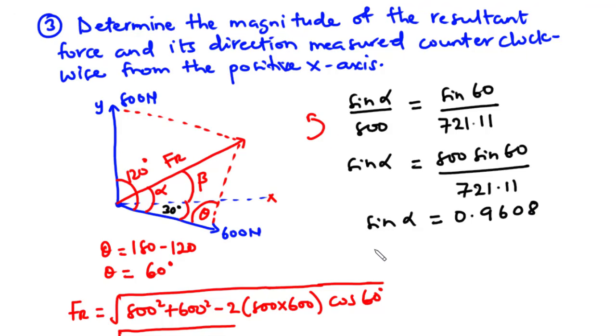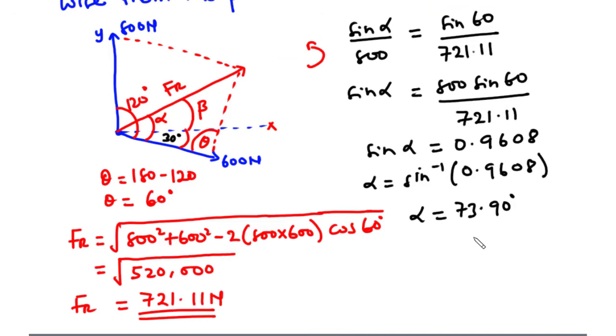So we are going to take the sine inverse of 0.9608. So alpha is equal to 73.90. That is the value or the angle alpha.